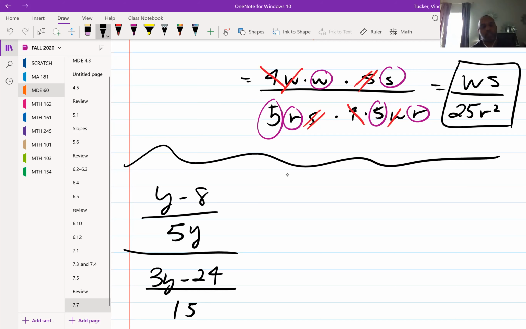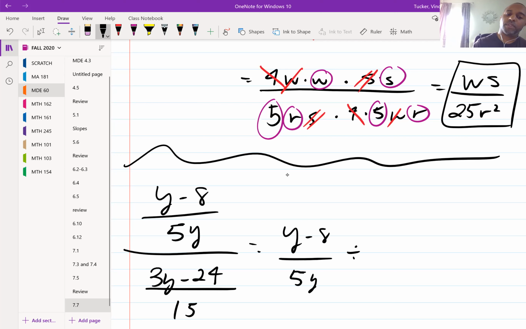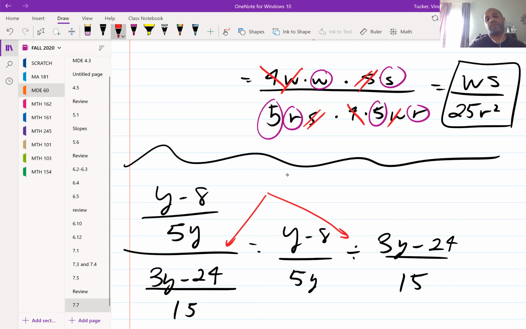All right, y minus 8 over 5y, over 3y minus 24 over 15. So once again, set up this fraction this way, recognizing that this division sign is the same as this division sign.